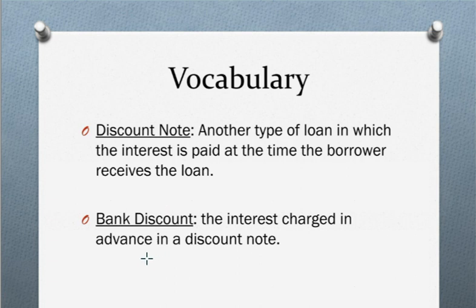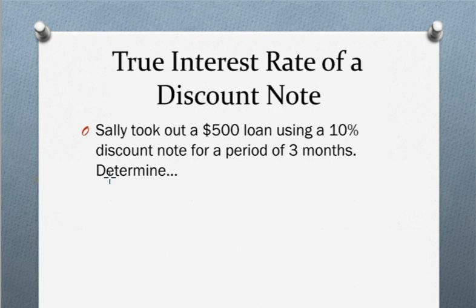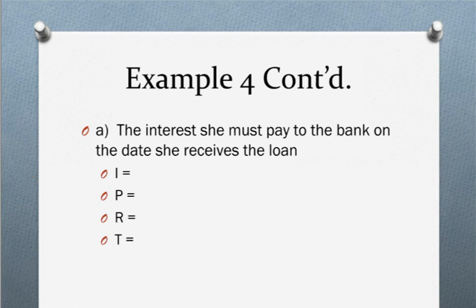Okay. All right. So let's say Sally took out a $500 loan using a 10% discount note for a period of 3 months. Let's determine the interest that she paid back the date she received the loan. So it's the interest that she pays right away.